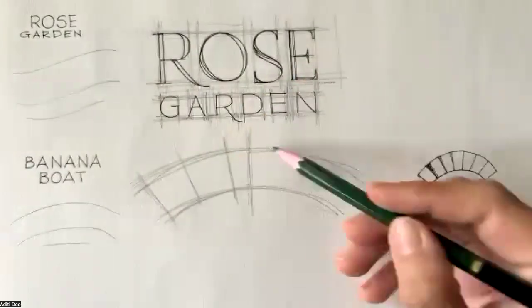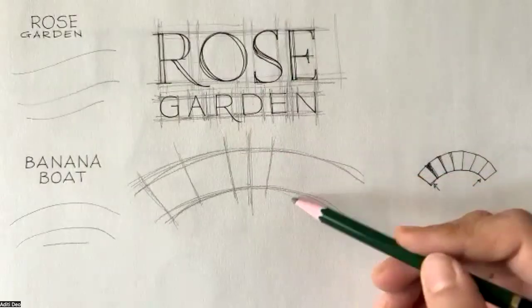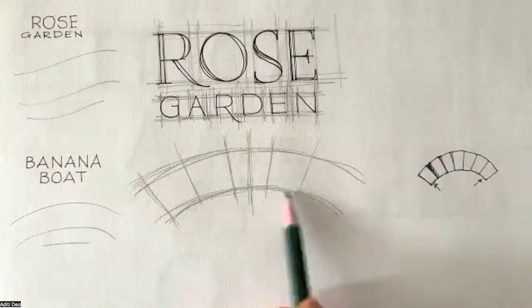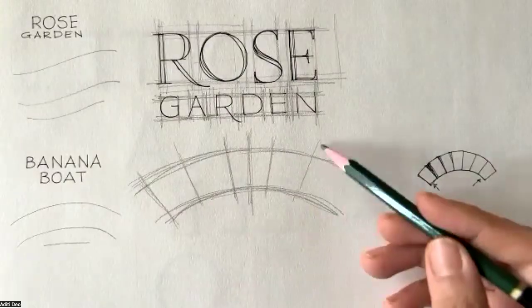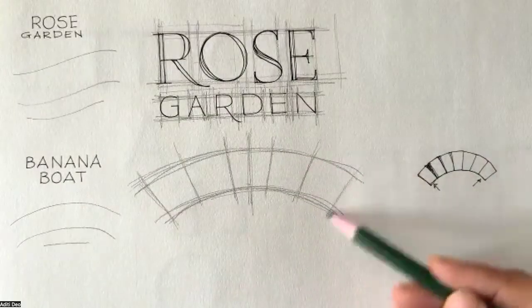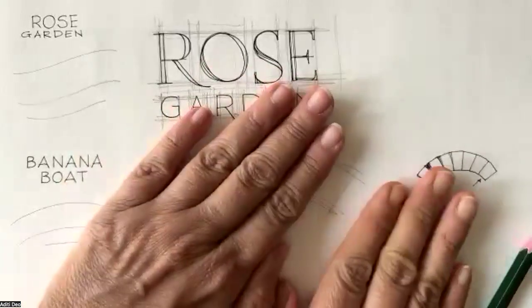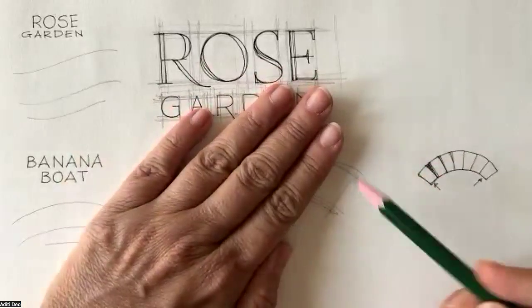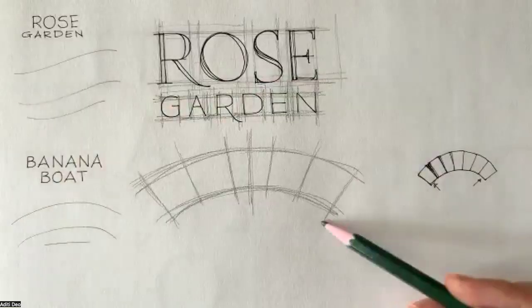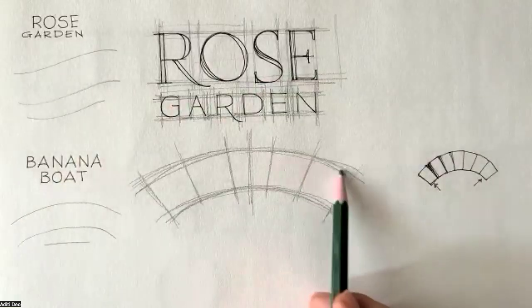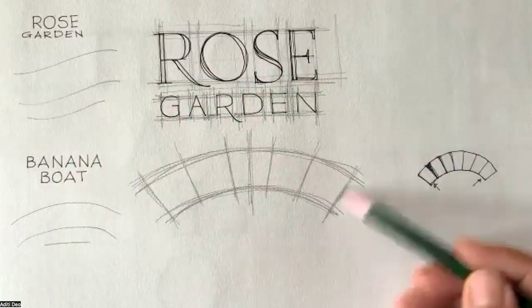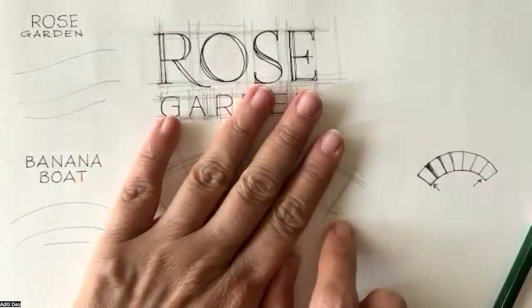Just make sure that they are perpendicular. Then check if your line looks like it's going straight through, as if this were a straight line.